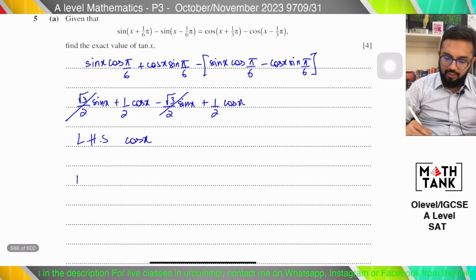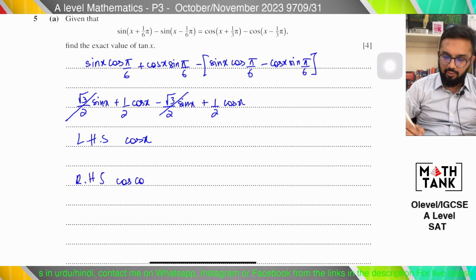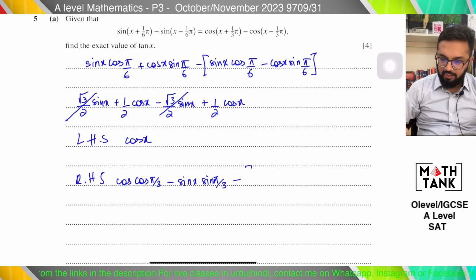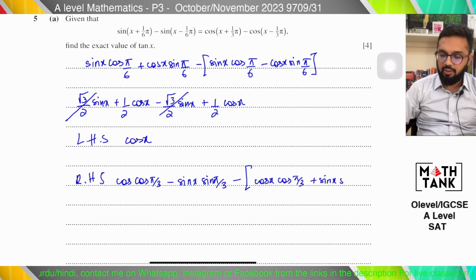For the right hand side, I'm going to do cos x cos pi over 3 minus sine x sine pi over 3, minus cos x cos pi over 3 plus sine x sine pi over 3.